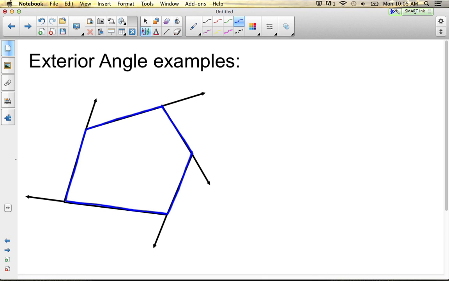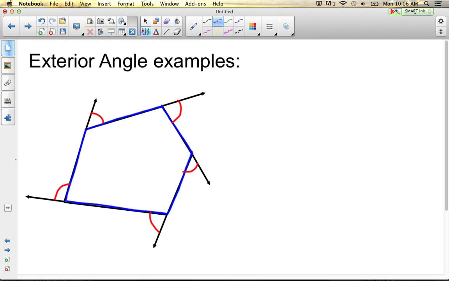That means if that has 5 sides, it must have 1, 2, 3, 4, 5 exterior angles.